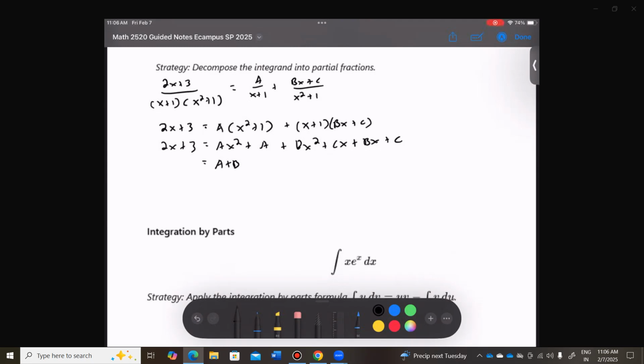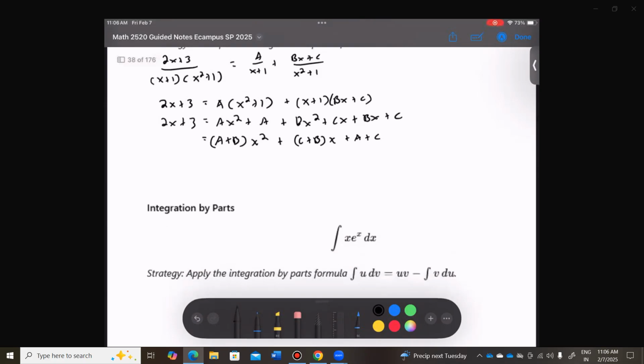So (a plus b) x squared plus (c plus b) x plus (a plus c). And so a plus b is going to equal 0 because there's no x squared term. c plus b has to equal 2 because there's the 2x plus 3, so it's 2x. And then a plus c has to equal 3.